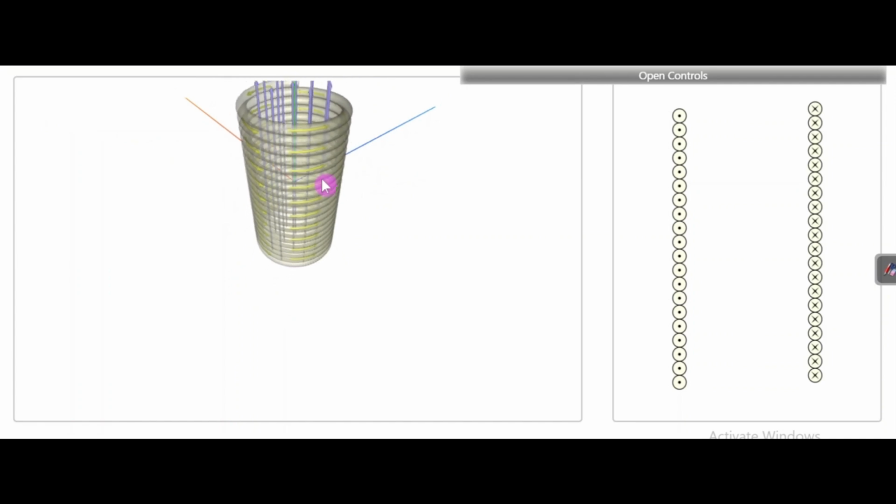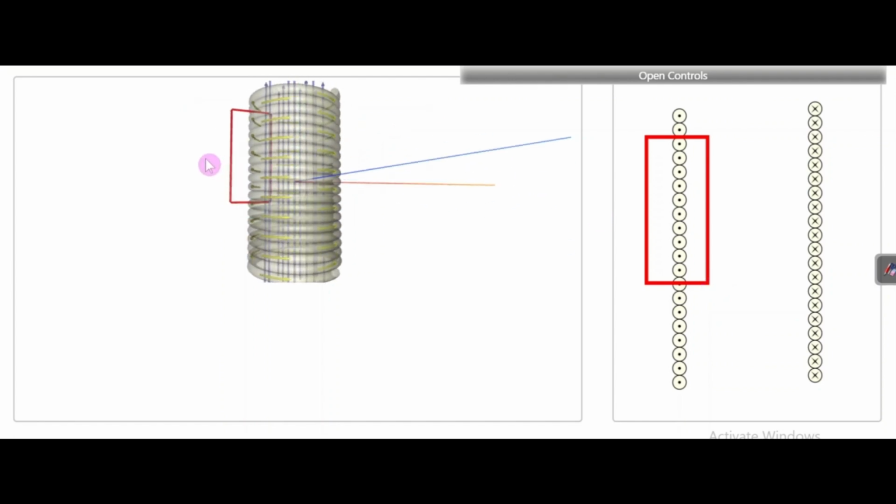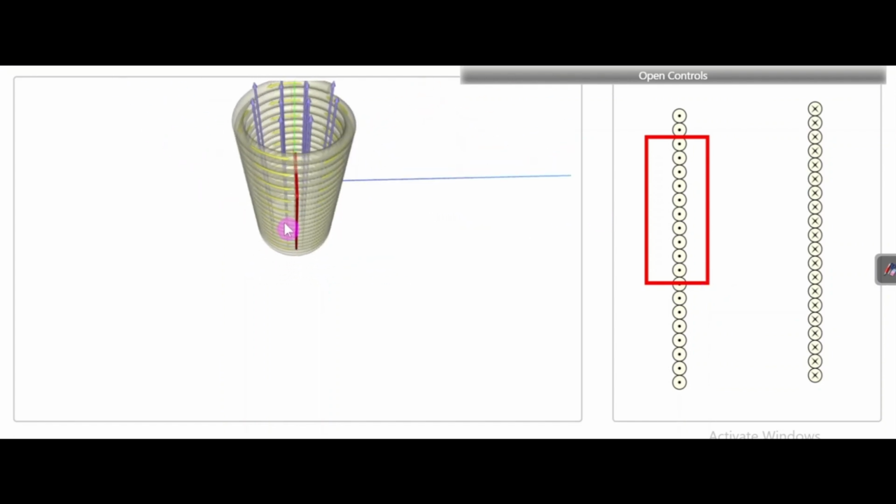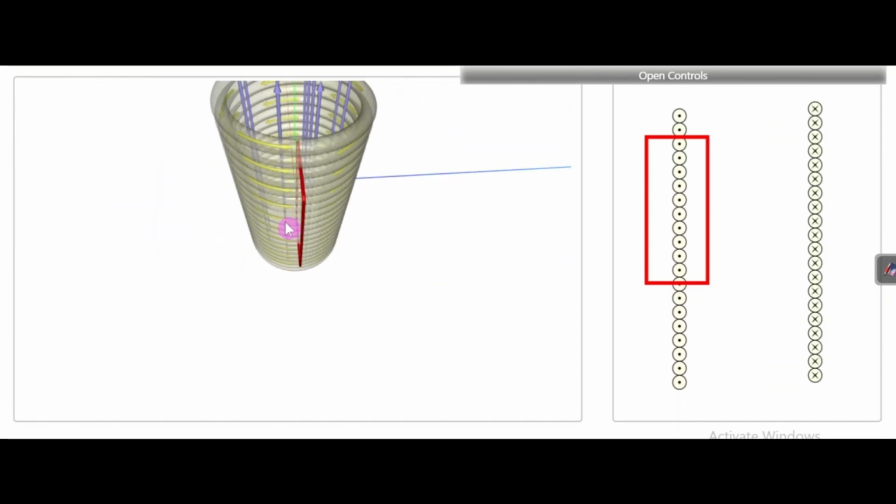In order to find the magnetic field, we will consider the Amperian loop here. So I'm going to consider this red loop, which is called the Amperian loop. It means that we select the Amperian loop inside this solenoid.